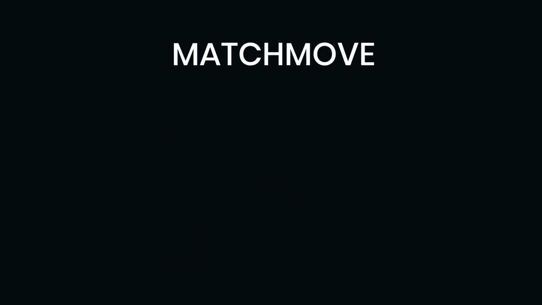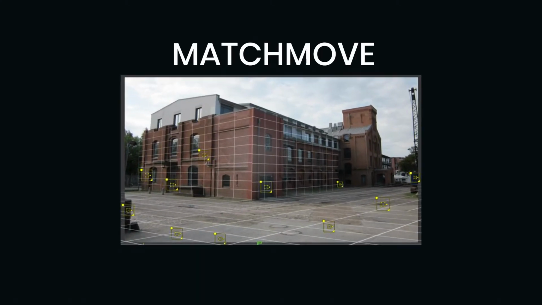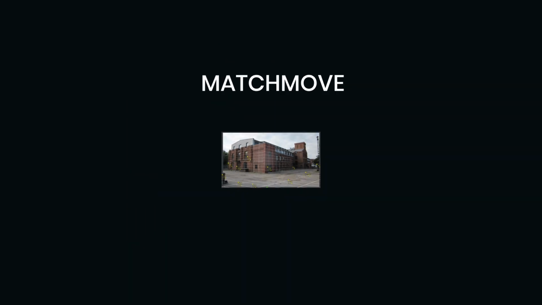And after that, match move takes place. That means it's basically a process of extracting the camera information or camera movement from a footage into any 3D software so that we can put any 3D character or 3D environment in that place. And now, after having knowledge of green screen, roto and match move, let's get back to tracking.